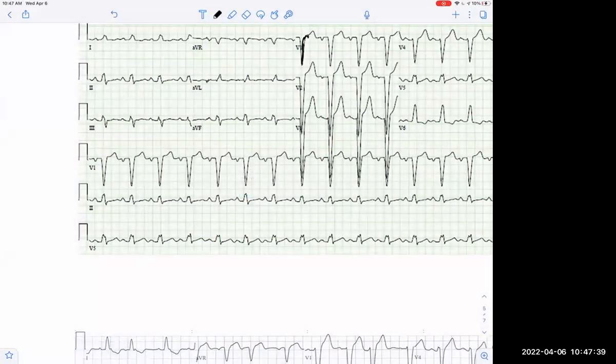Okay, so let's look at our V leads here, and see if we can paint the pathological picture of what's going on with this heart. Do we see something strange in the V leads?